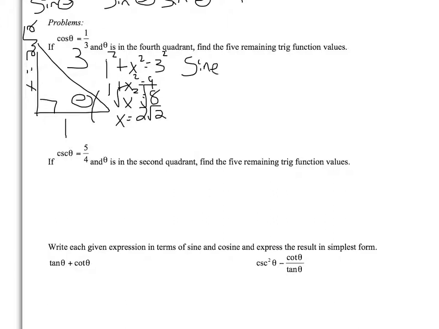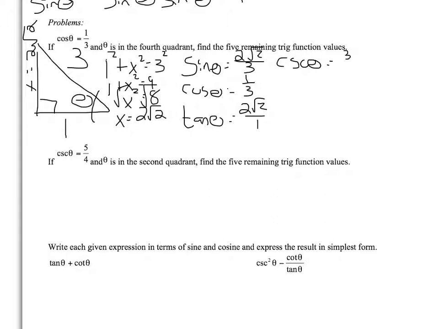Sine theta is opposite over hypotenuse, so it's going to be 2 radical 2 over 3. Cos theta is adjacent over hypotenuse, so 1/3. Tan theta is opposite over adjacent, so 2 radical 2 over 1. Cosecant theta, you flip the sine function, so it's going to be 3 over 2 radical 2.